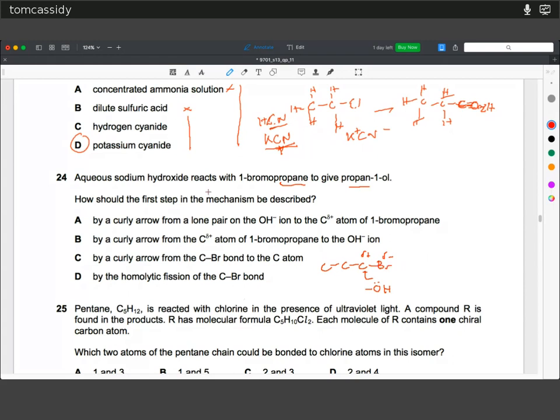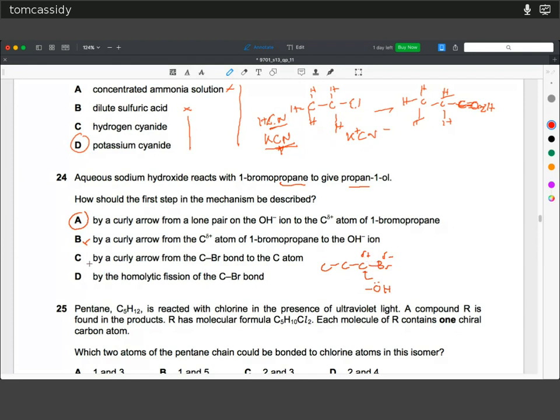So if we look down this list of questions, how should the first step in the mechanism be described? Well, we're going to draw a curly arrow from the lone pair of electrons on the hydroxide ion to the slightly positive charge. That looks like a good one. Now, we're not going to be drawing a curly arrow from the carbon atom. There's no lone pair of electrons for us to use there, so that's obviously wrong. The lone pair of electrons starts on the hydroxide, so there's no curly arrow being drawn this way.